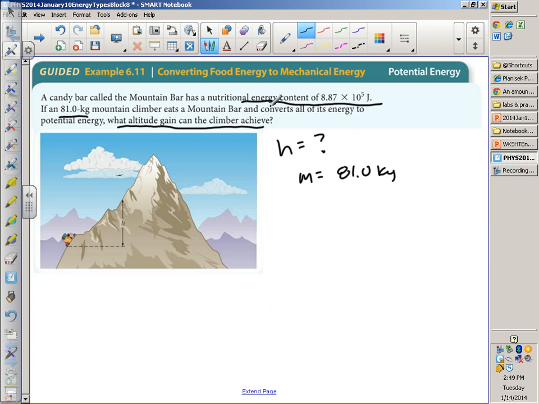We want to convert all its energy into potential energy. So PE, and we use the subscript G to represent the gravitational potential energy, is going to be equal to 8.87 times 10 to the 5th. Let's turn that into an actual number: 887,000 joules.